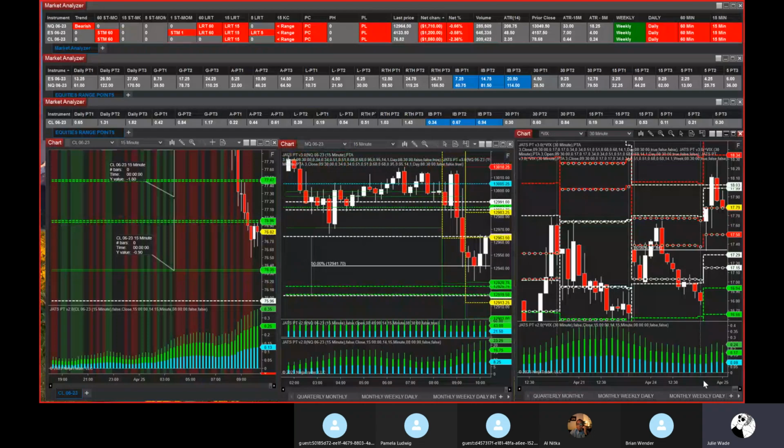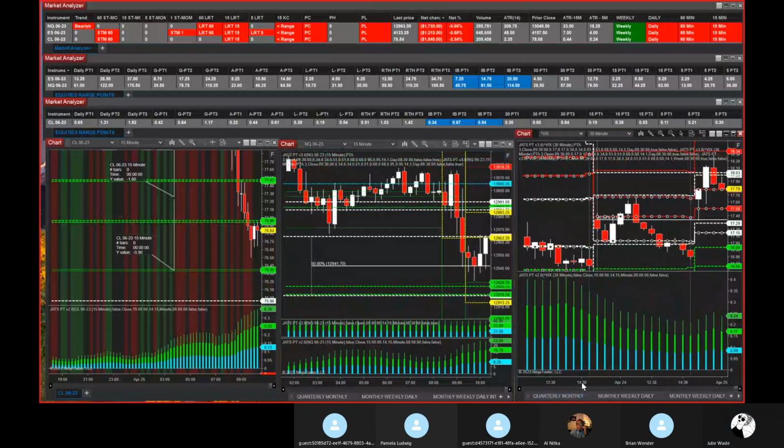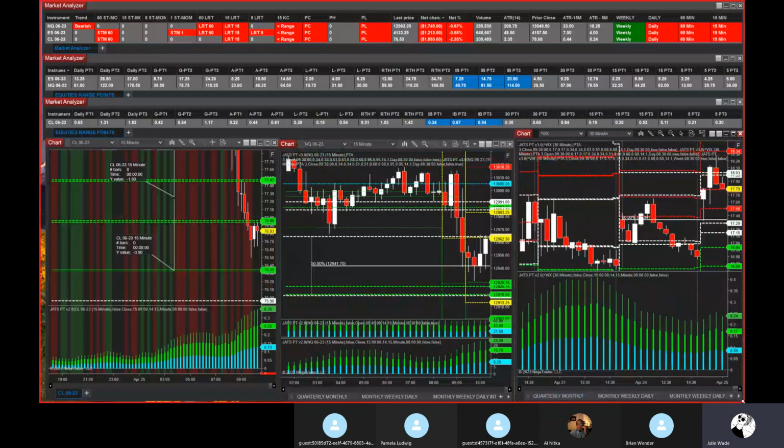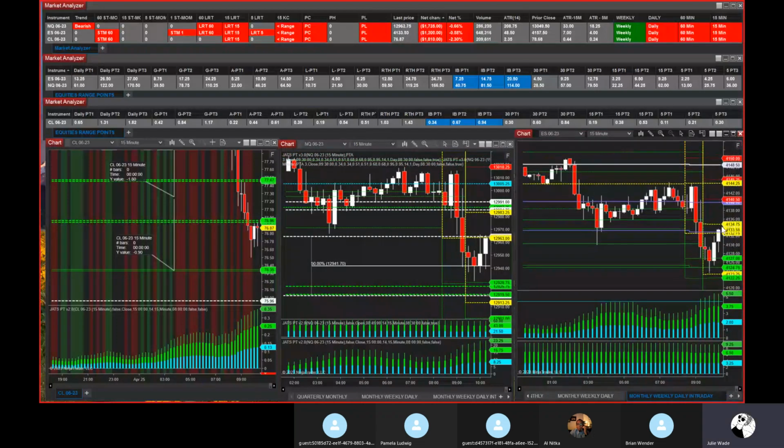The range is collapsing again. Just insane. They're crushing the ball. The ES is at its resistance as well.